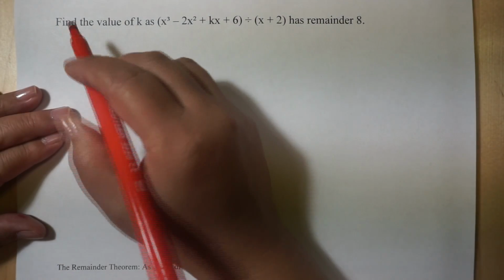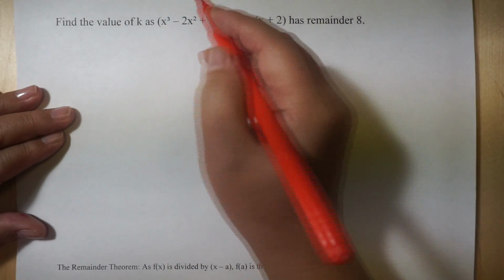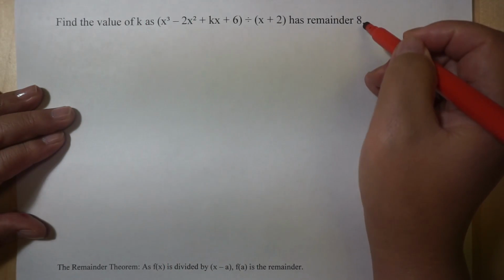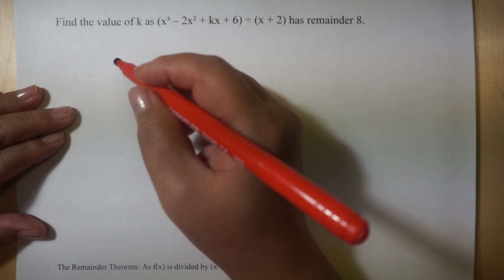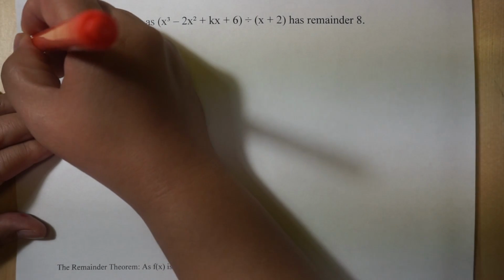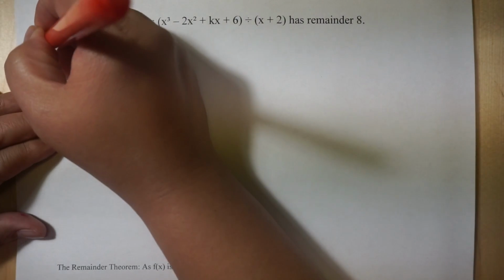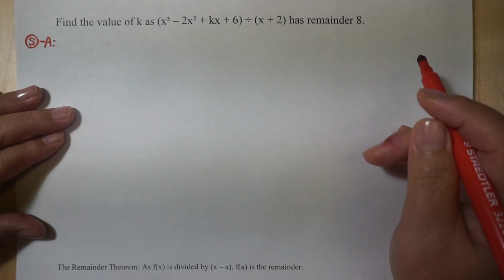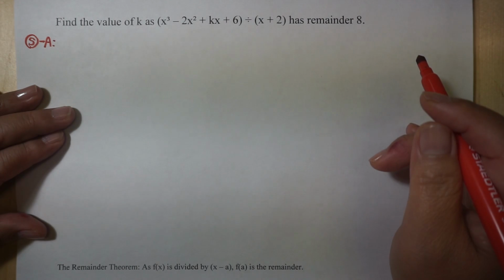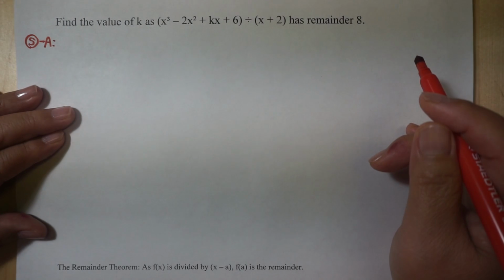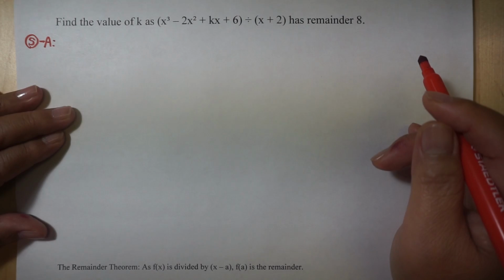So we have to find the value of k, and we know the remainder is 8. First of all, I'm going to show you student A's solution, which is guess and check applying synthetic division. And this student was the first student to solve this problem.